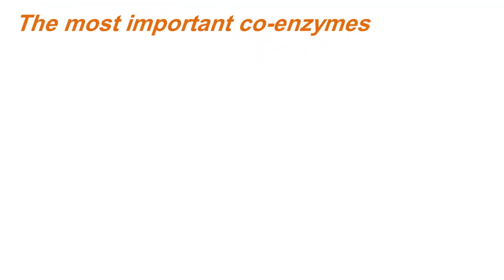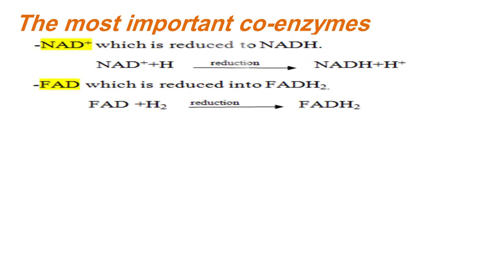The most important coenzymes, we have two types: the first one is NAD, the second one is FAD. NAD is reduced; reduced means reacting with hydrogen. Please focus on the meaning of reduction and oxidation. Reduction means reacting with hydrogen or gaining electrons, like NAD and FAD.